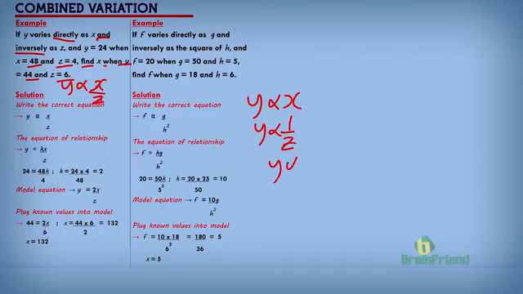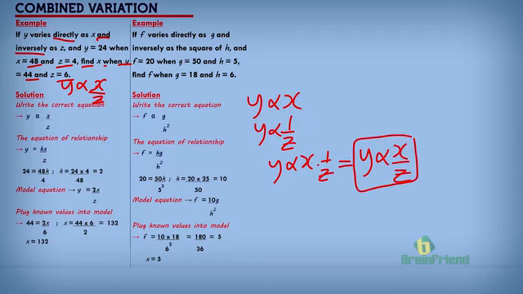So we write out the correct equation, very important: y varying directly with x and inversely with z. The equation of relationship is y is equal to k x all over z. Okay?